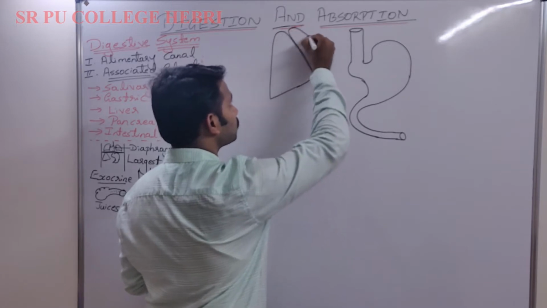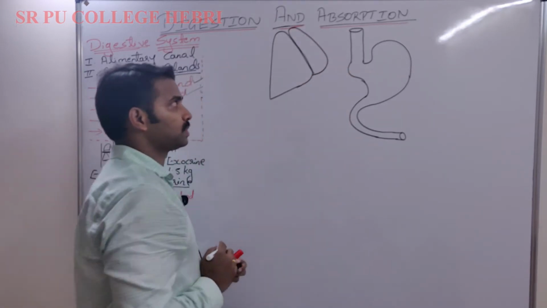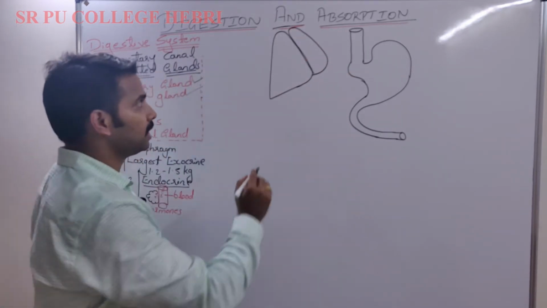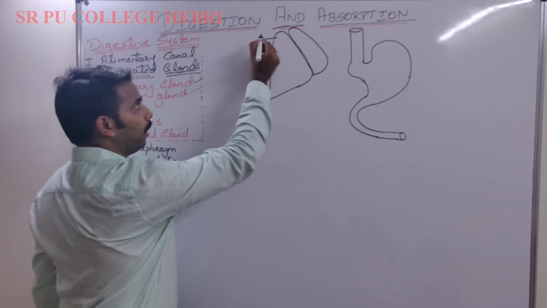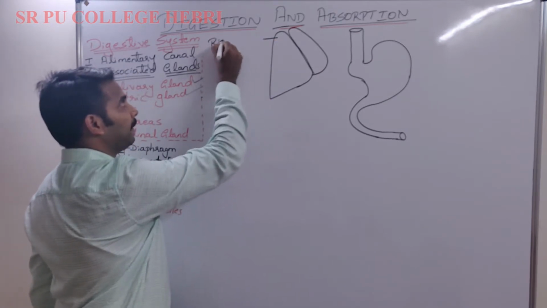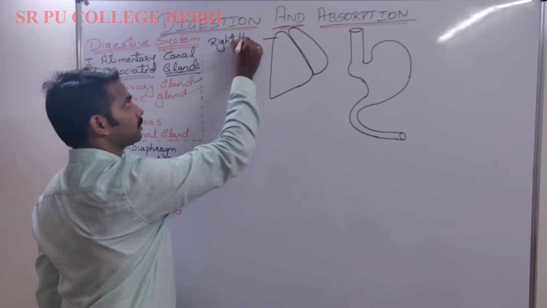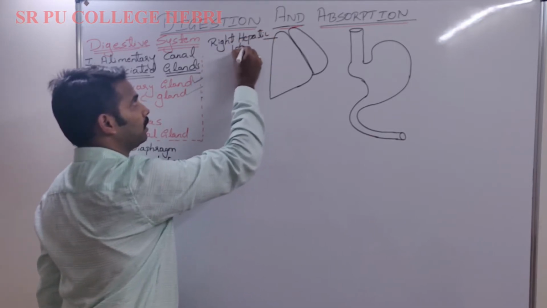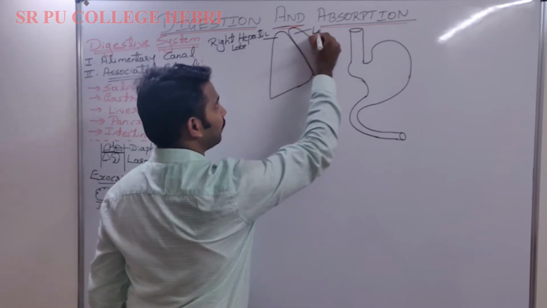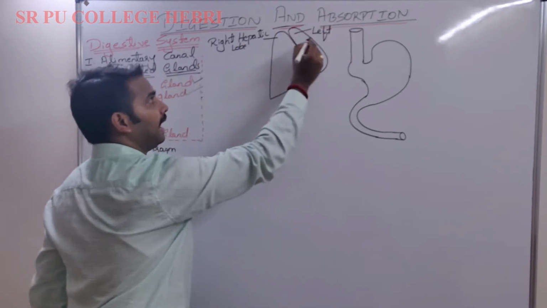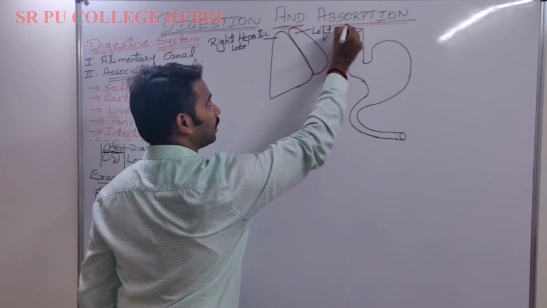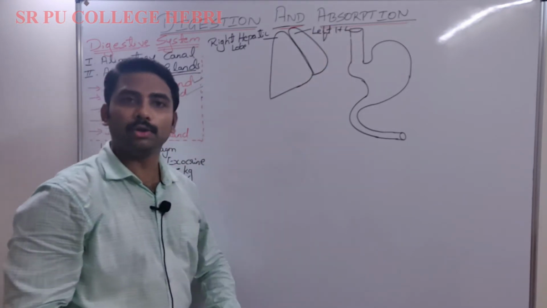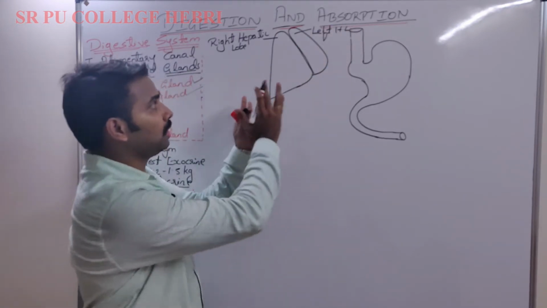How many lobes visible? Two lobes. The two lobes are, one is right hepatic lobe, another one is, complete this labeling, left hepatic lobe. In biology, hepato refers to liver.